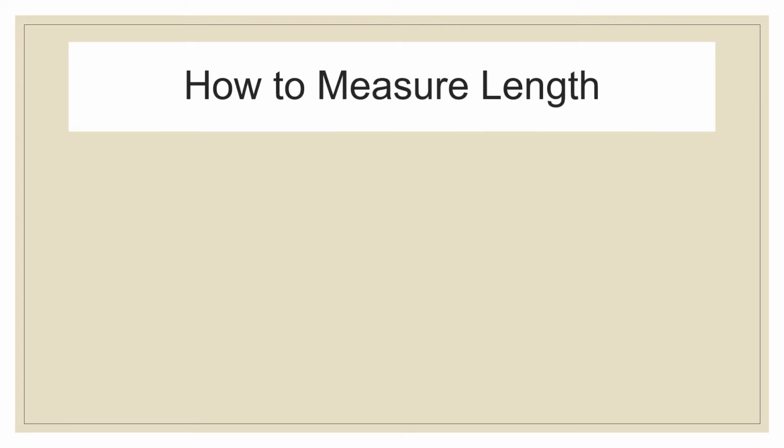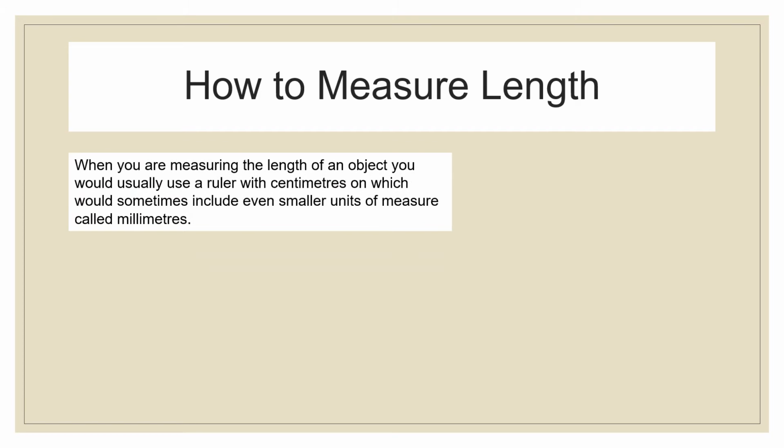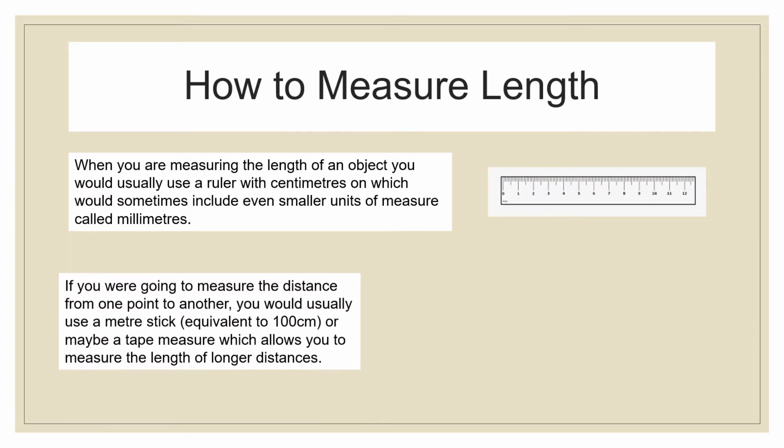Now we need to remind ourselves how we go about measuring length. So how to measure length? When you are measuring the length of an object, you would usually use a ruler with centimetres on, which would sometimes include even smaller units of measure called millimetres.